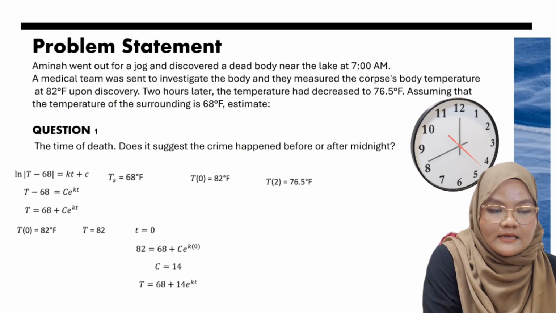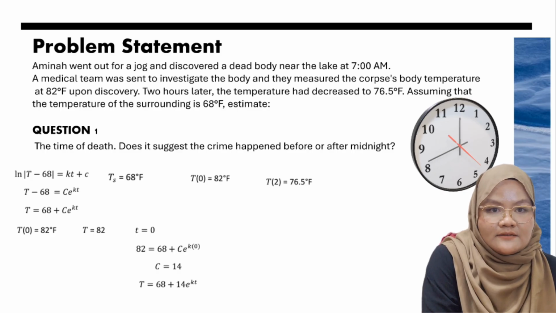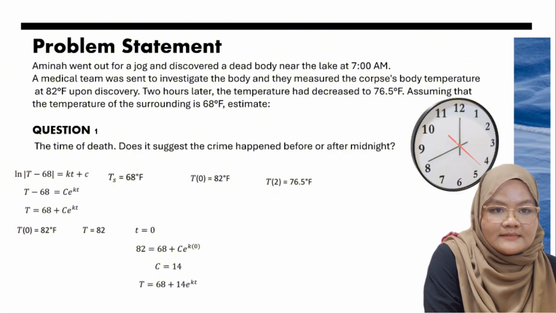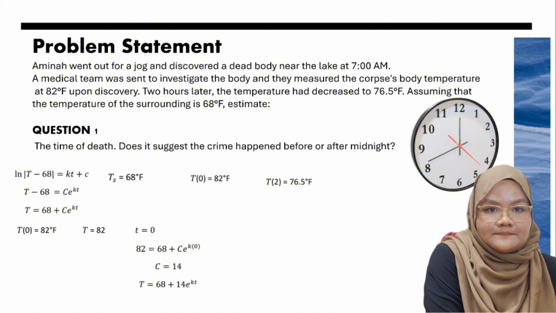At time t equals 0, the temperature was 82. So we substitute that in: 82 equals 68 plus c e to the power of k times 0. Then we get c equals 14. So then we get T equals 68 plus 14e to the power of kt.